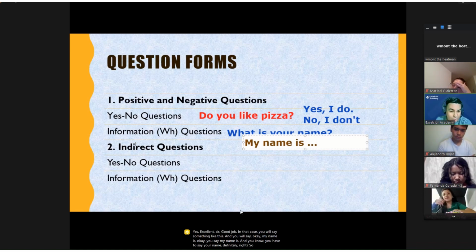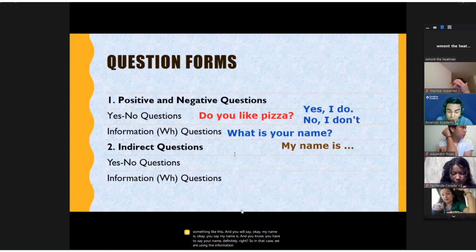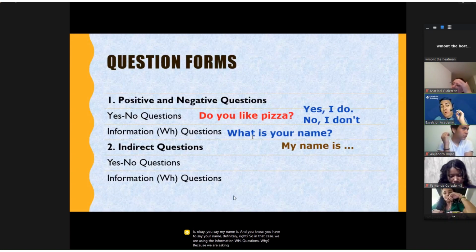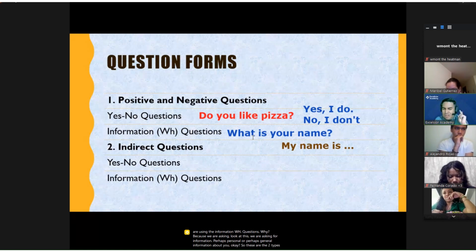So in that case, we are using the information WH questions. Why? Because we are asking for information, perhaps personal or general information about you. So these are the two types of questions that we are going to use most of the time in English questions.